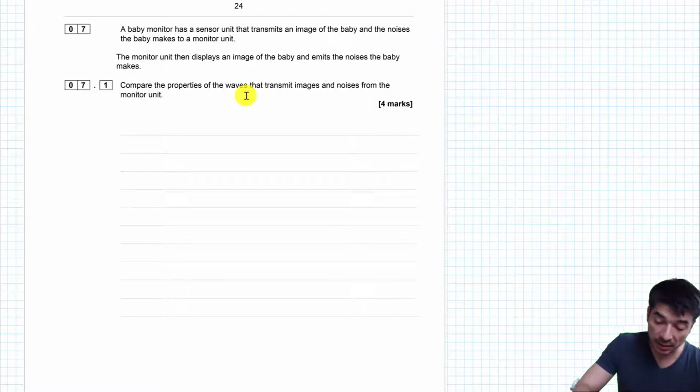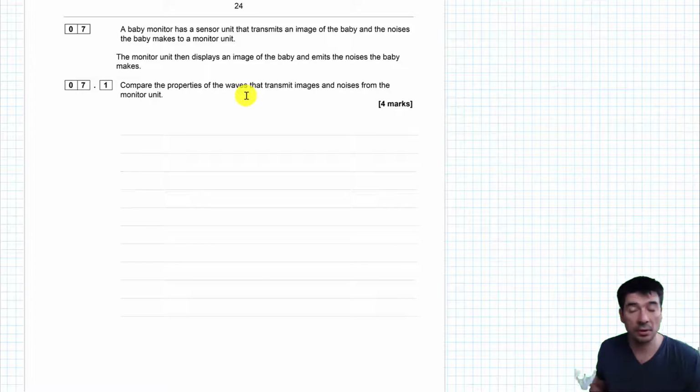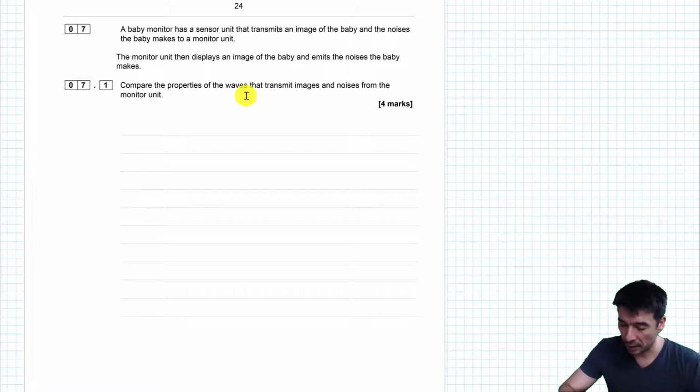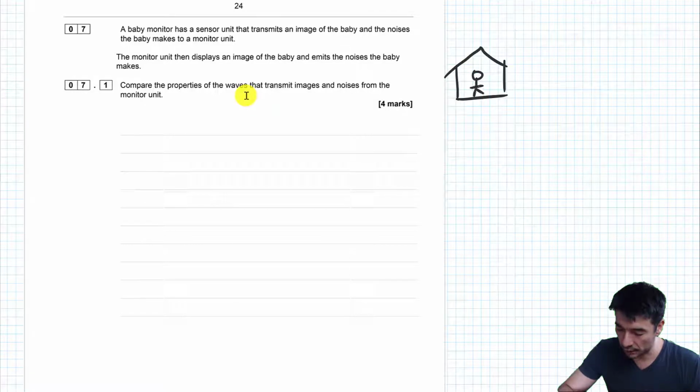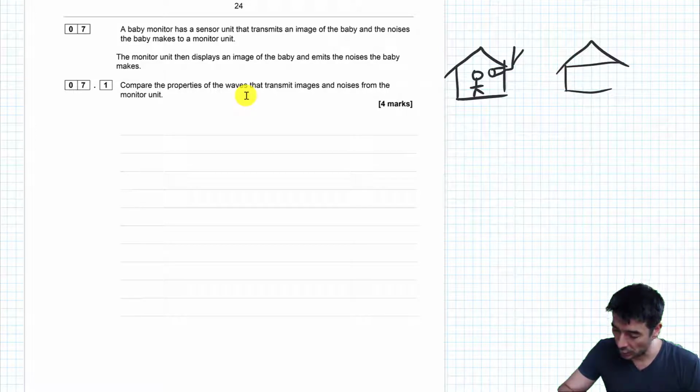Right. So to be honest, I think this is needlessly confusing and a bit too much text to start us off. But basically they're saying, imagine you have one building in which you have your child and there's a camera and a microphone there and it transmits a signal, and say you could be in another room and you could be watching on a monitor.